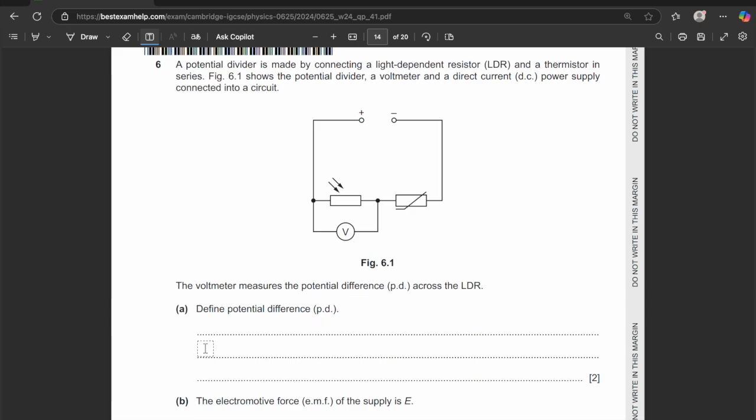So this is asking for the definition. So potential difference is essentially work done per unit charge through a single component.